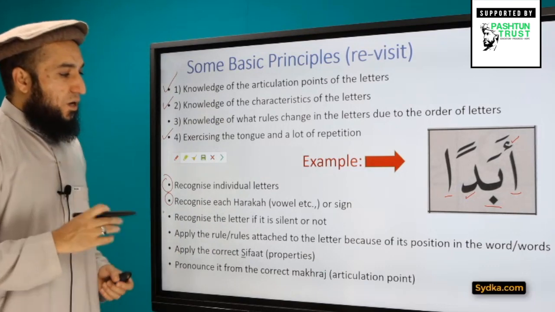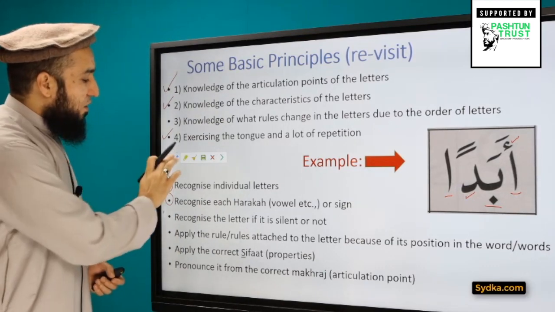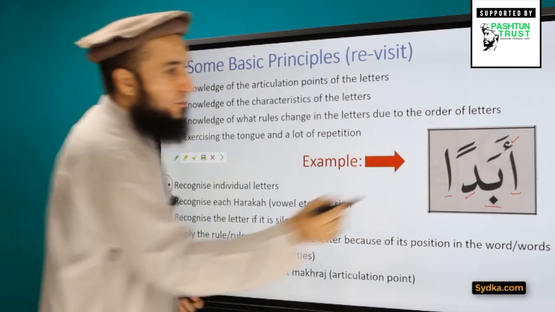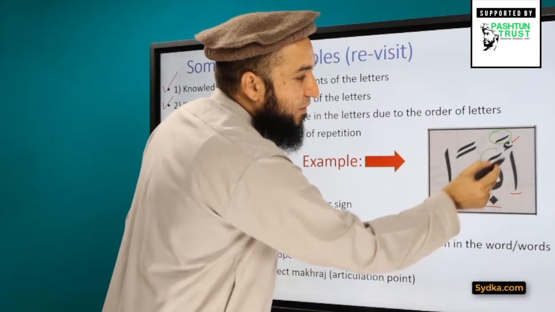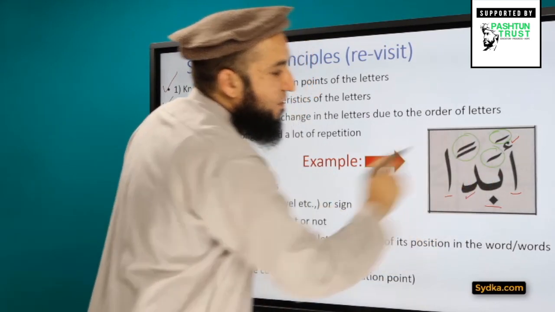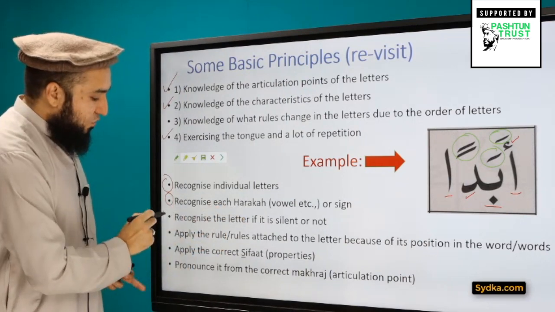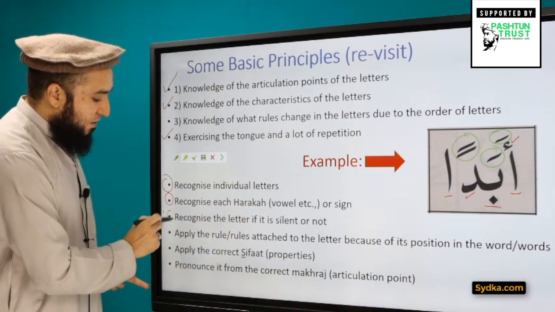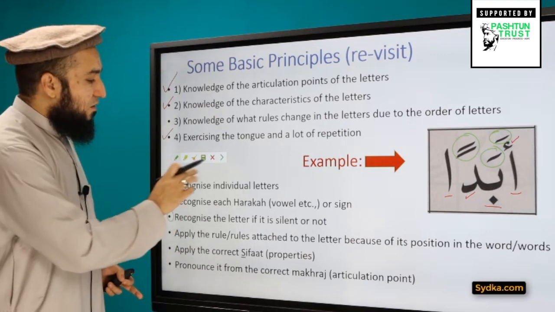In step 2, we recognize the harakat that are used. So the signs would be here. That's fatha, fatha, fathatain. And the next one is we have to recognize which letters are silent and which aren't.